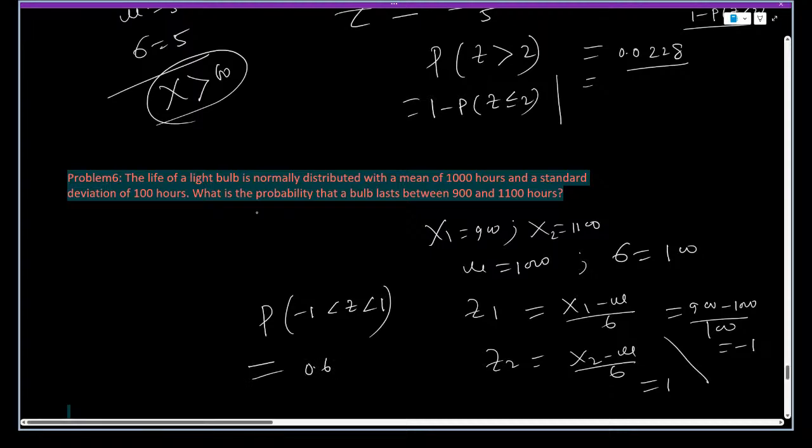You can do it this way: 2 into the probability between 0 and 1. It's coming 0.6826. 2 into 0.3413. Yes. So the required percentage will be 68.26. Hope you have understood.